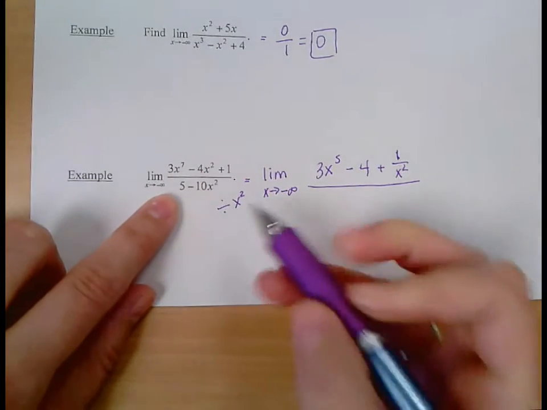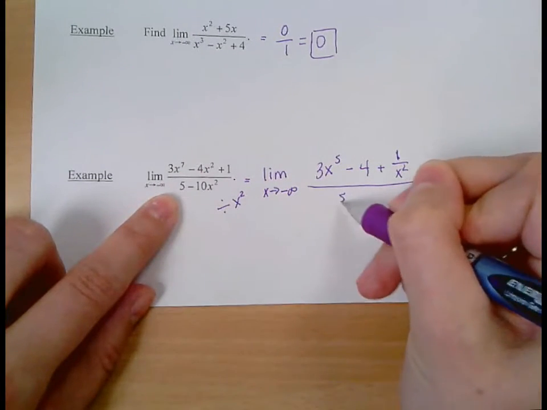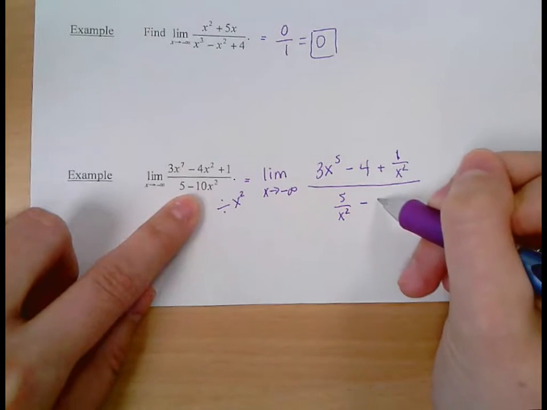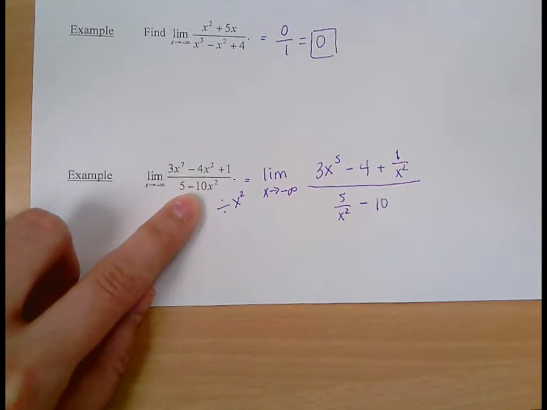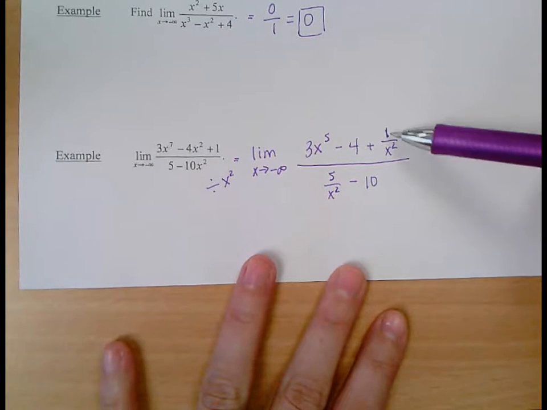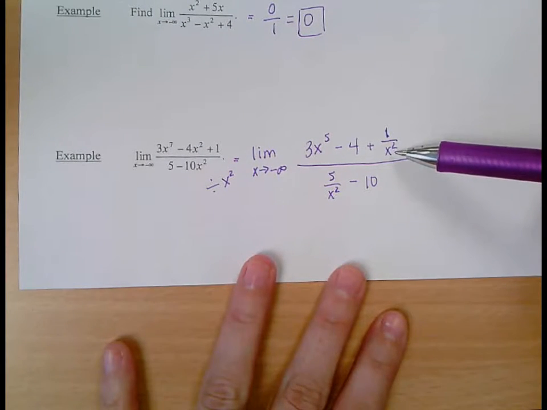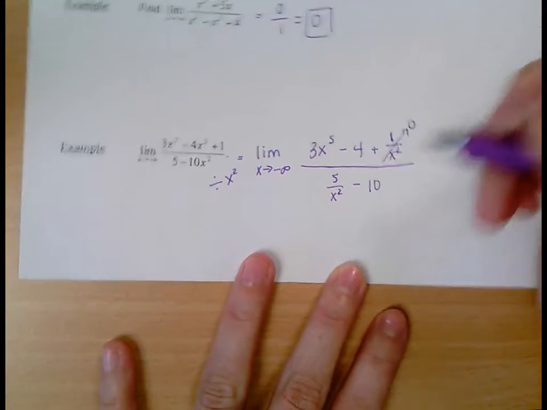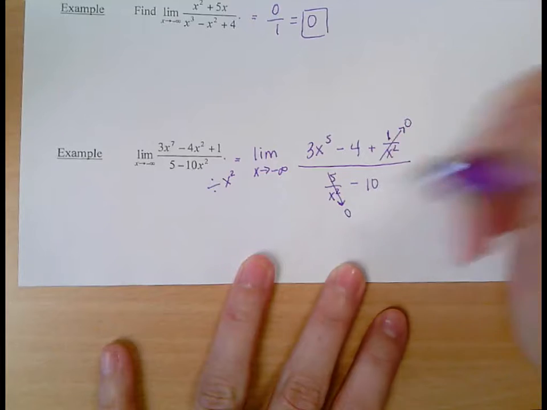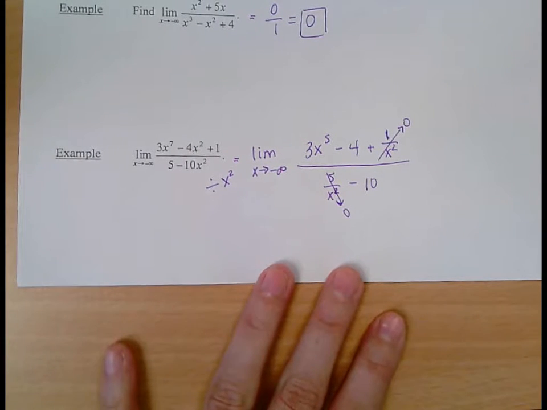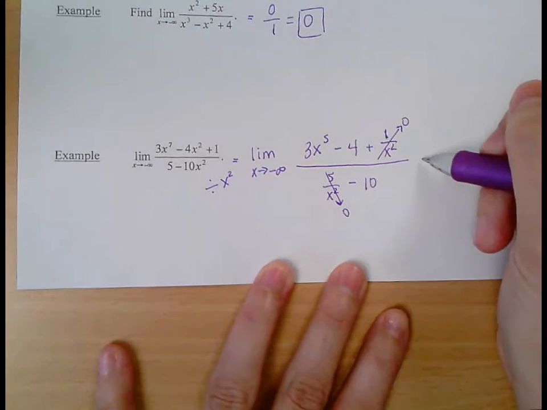And then in the denominator, I'm dividing 5 by x squared minus, and 10x squared divided by x squared is just 10. So anytime you have a number divided by x to a power, this approaches 0. Because you're going to have a number over something very, very large. It's going to be a number very, very close to 0.